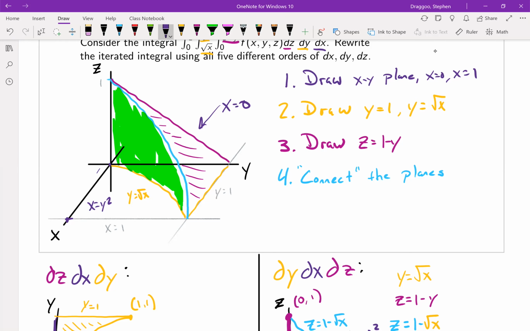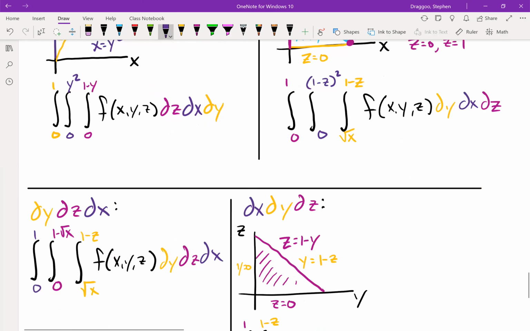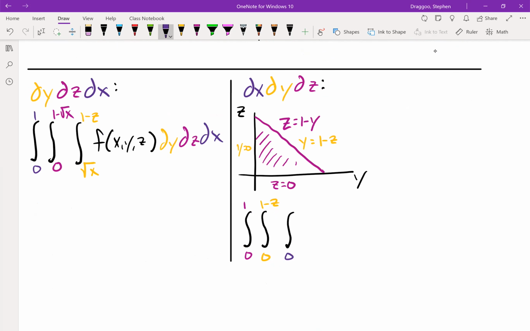So for the final boundary on x, we want to be going from the plane x equals 0 to the curve x equals y squared. F of x, y, and z in terms of dx, then dy, and then dz.